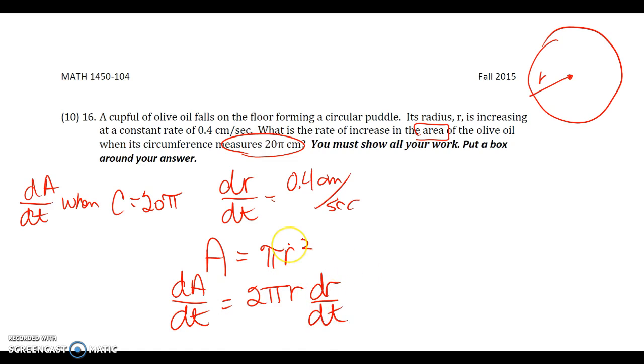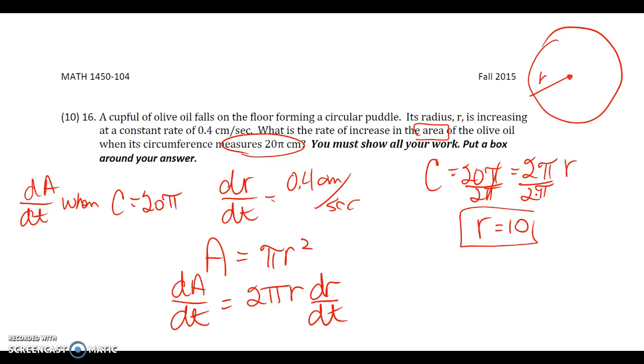Well, the only thing we don't know is r, but they gave us a circumference, which is equal to 20 pi, right? And the circumference is 2 pi r. So if I divide by 2 pi, I am going to be finding this when r is equal to 10. That was the last piece of information.